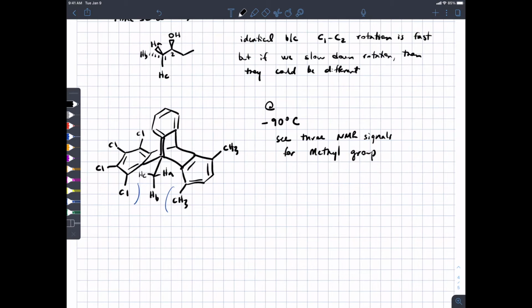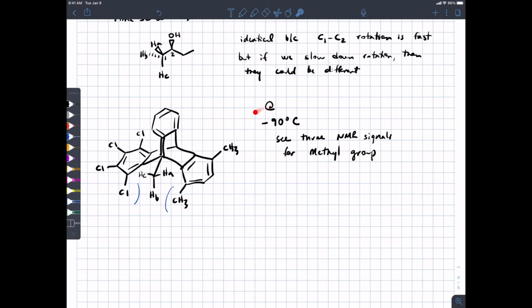Why is this cool? Well, remember the barrier to rotation around a carbon-carbon bond is usually, depending on whether you're dealing with ethane or butane, anywhere from 2 to 3 or more kilocalories per mole. And at that kind of barrier, you're not going to freeze out individual conformations, even at really, really low temperatures.